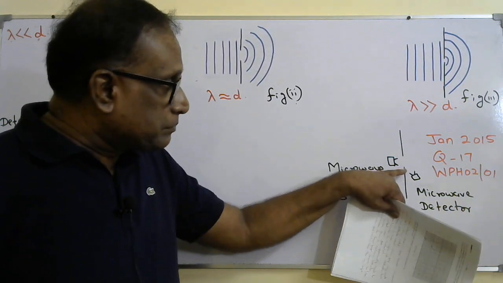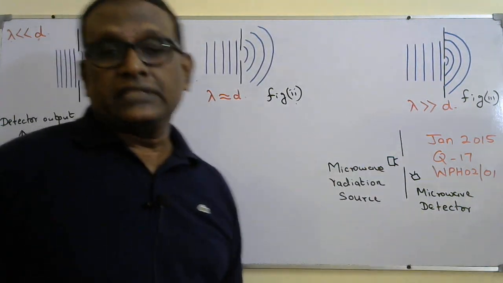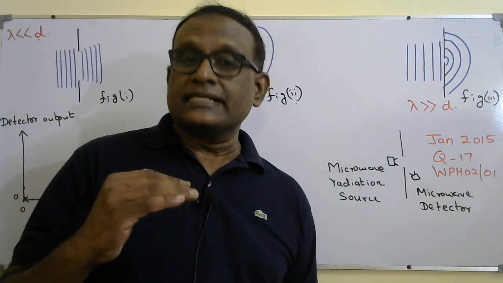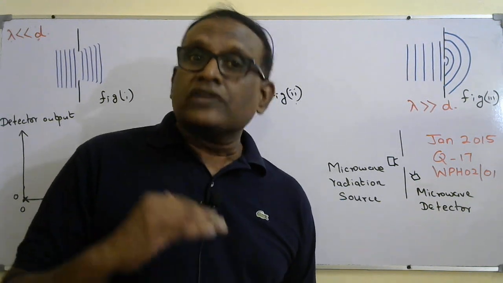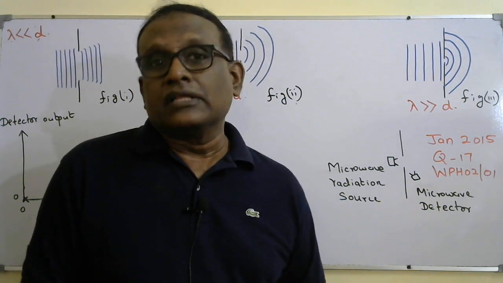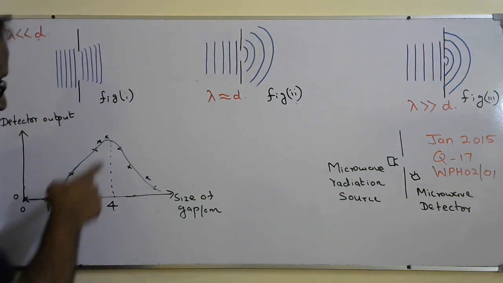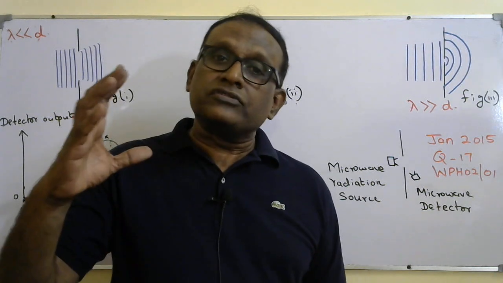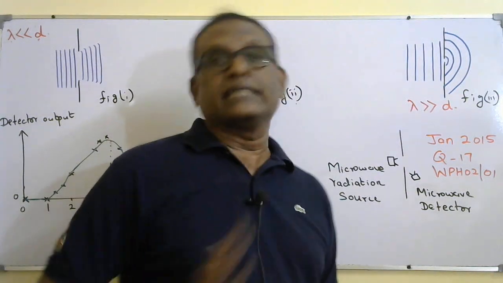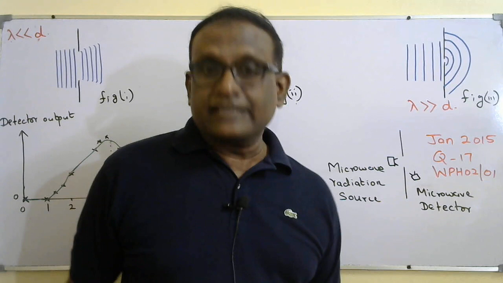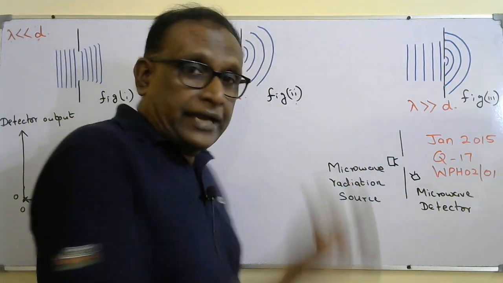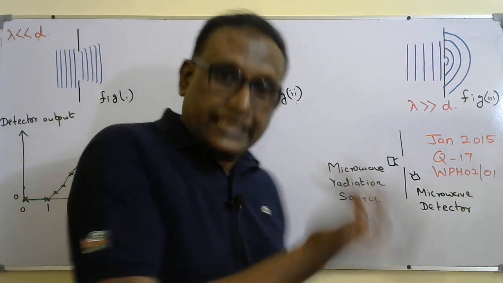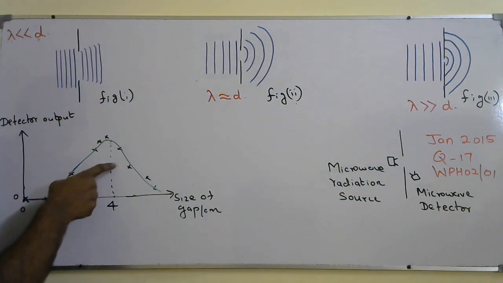Since the detector is kept below the edge of the slit, it won't receive a significant amount of diffracted waves. Therefore, the detector output will decrease because the amount of diffraction is decreasing. Most of the wave is passing straight through the gap, so the amount of microwave received by the detector is decreasing. That's the reason the output is decreasing.